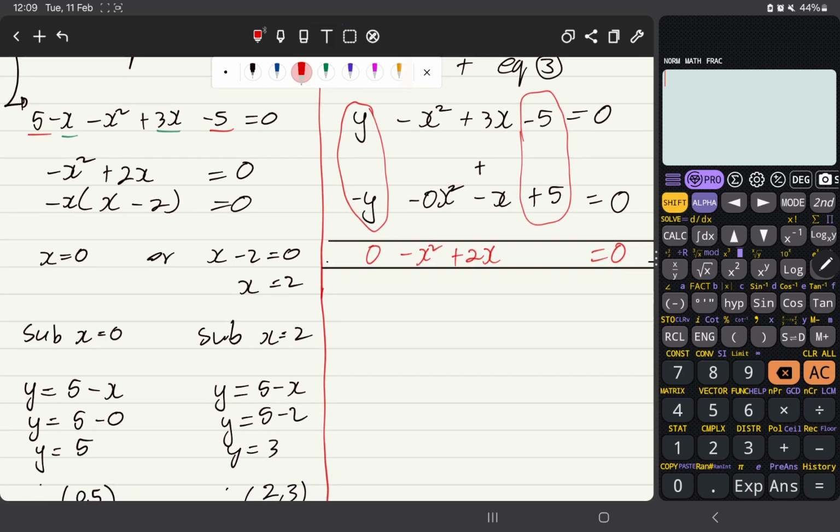And from here, what then do I have? I have minus x squared plus 2x. Maybe I can just transpose everything and say I have x squared minus 2x equals 0, which is exactly what we had when we were doing the substitution method, because here you take out x, and everything is just the same.